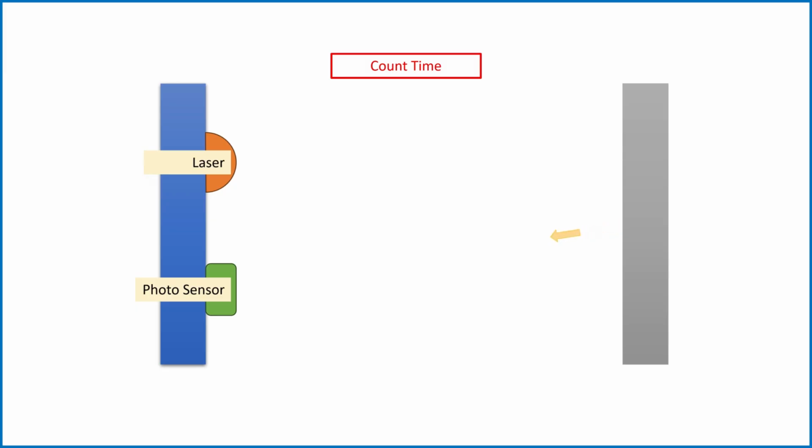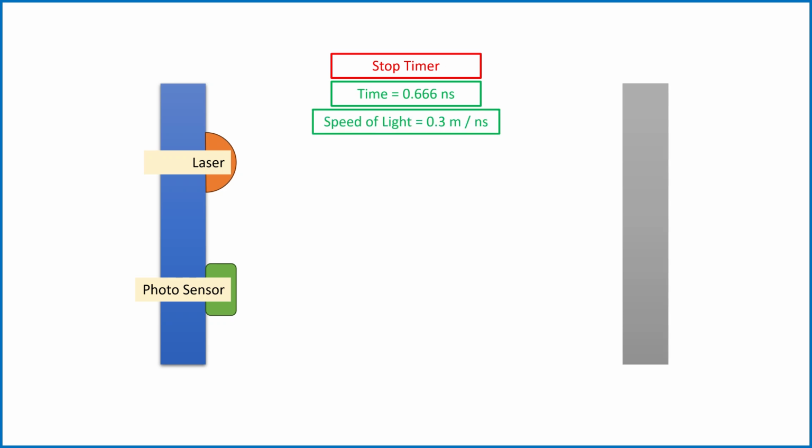Then the photosensitive sensor on the Lidar is able to detect when the beam has hit the Lidar. Now the Lidar is also able to calculate the amount of time it took for the beam to travel to the obstacle and back. Since we now know the time it took, and we also know the speed the beam travels at, which is of course the speed of light, we're able to multiply the speed and the time together to get the distance.